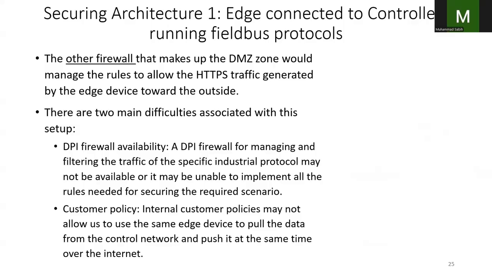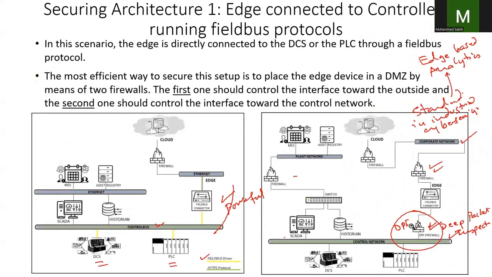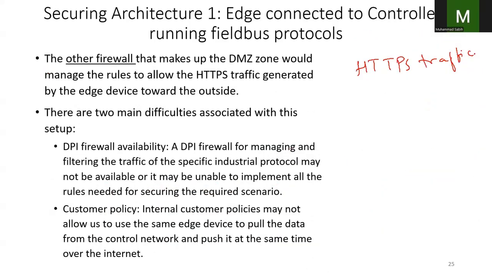Specifically, it defines the rules to allow the HTTPS traffic generated by the edge device towards the external corporate network.